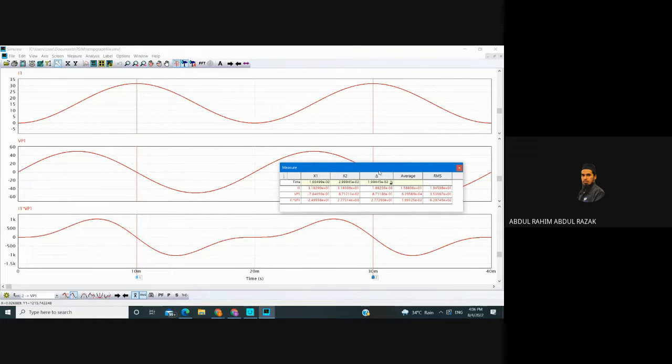Some more things to take into concern: when we want to compare the response of current and voltage, we want to indicate that if we run an inductive load, the current will lag, or the voltage will lead the current by certain degrees.